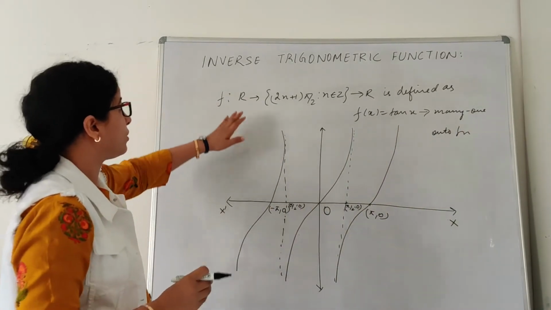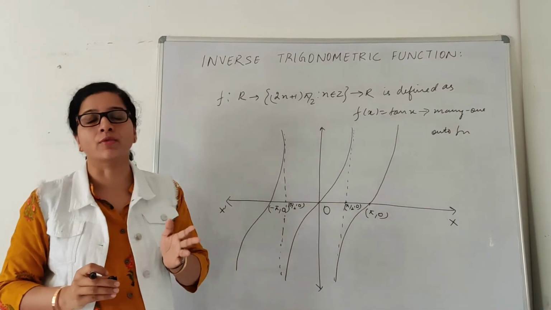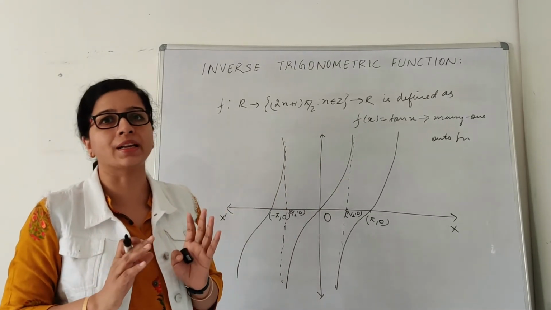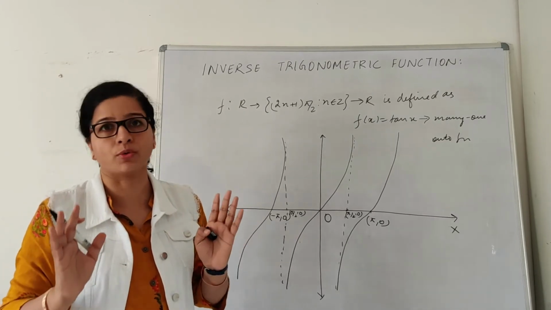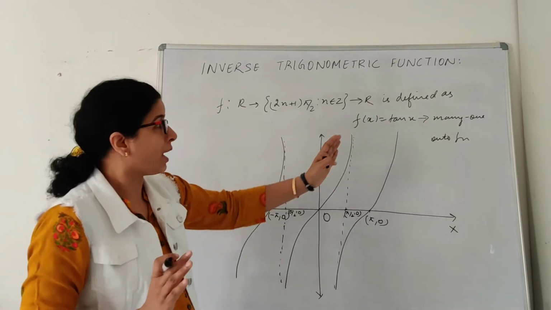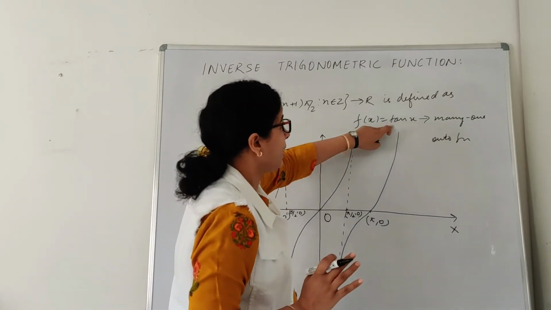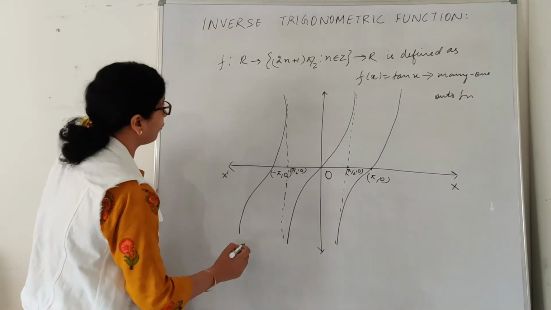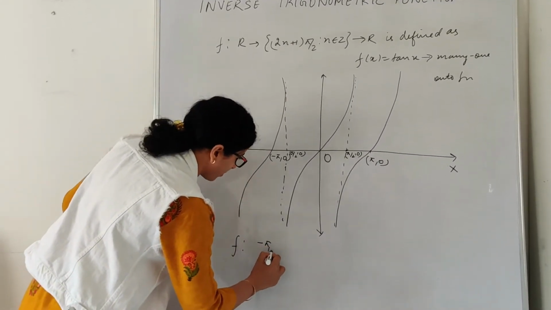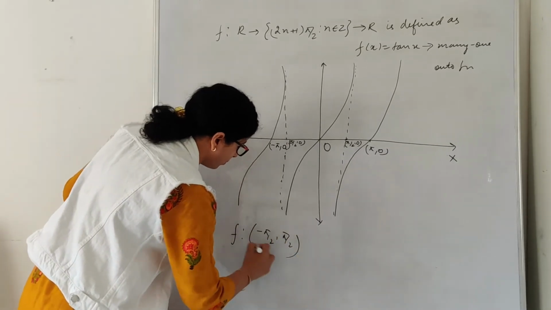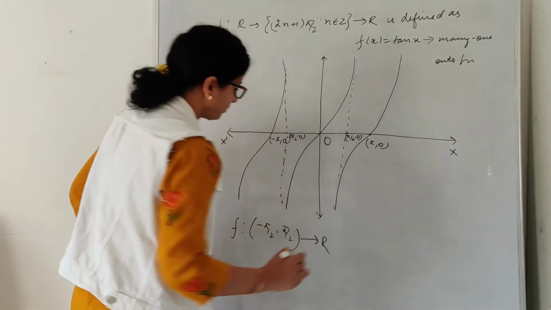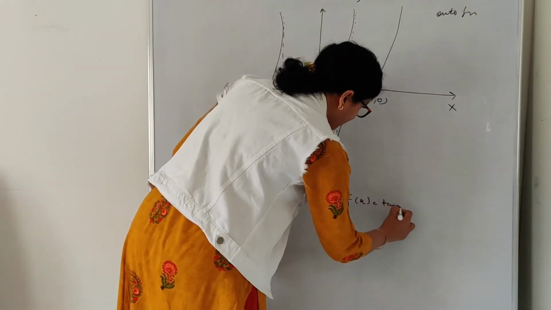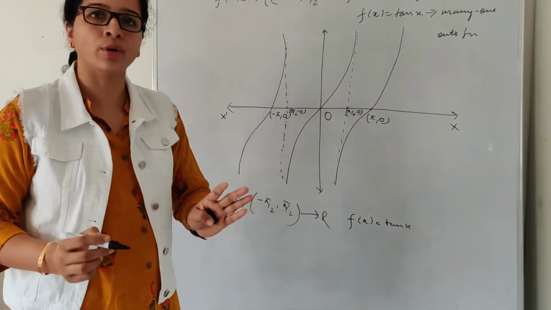But if I want to define the inverse of tan x, what do I have to do? It should be one-one. I have to restrict my domain in that case. Range is fine because it is onto. So now I will restrict my domain. If I make my function f from minus pi by 2 to pi by 2 to R, in this case my f(x) is equal to tan x will be one-one and onto.